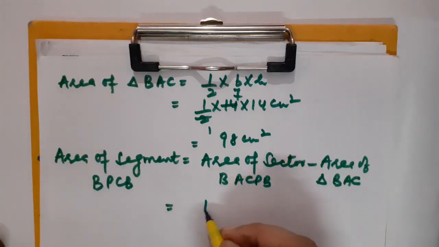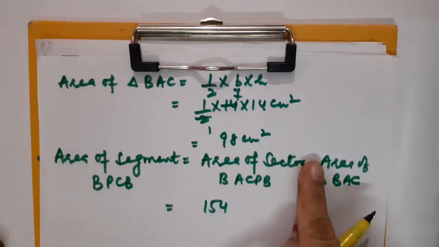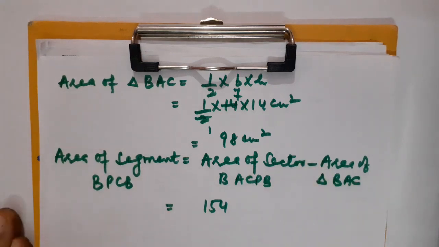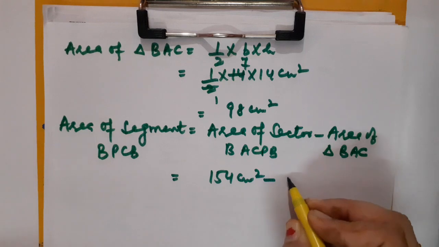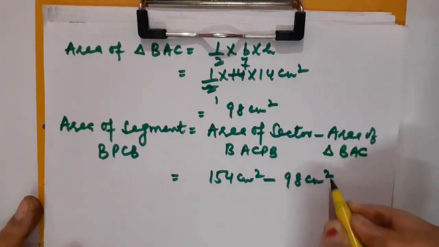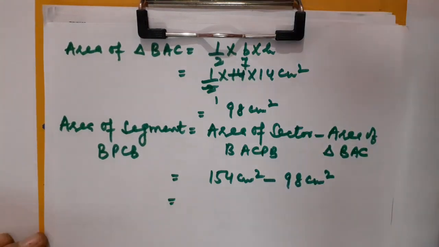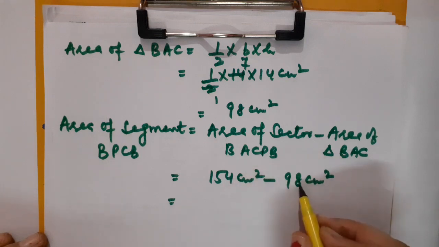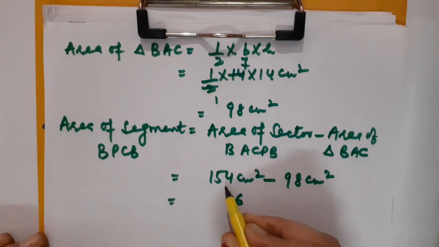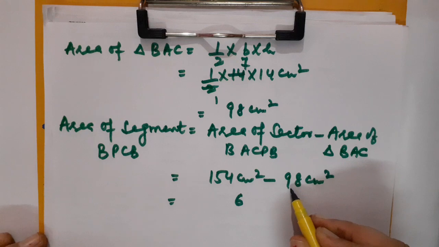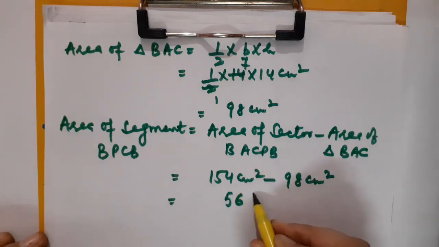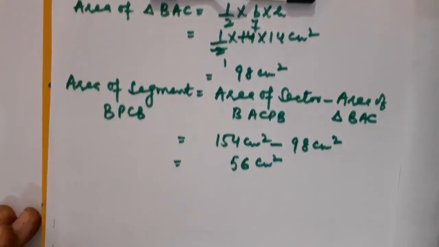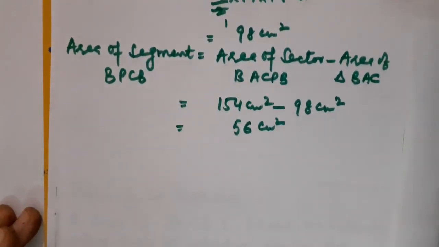So what was the result after getting the area of the sector? That was 154 centimeter square minus 98 centimeter square. So this is 14 minus 8 is 6 and 14 minus 9 is 5. 56 centimeter square. Correct? This is the area of the segment.